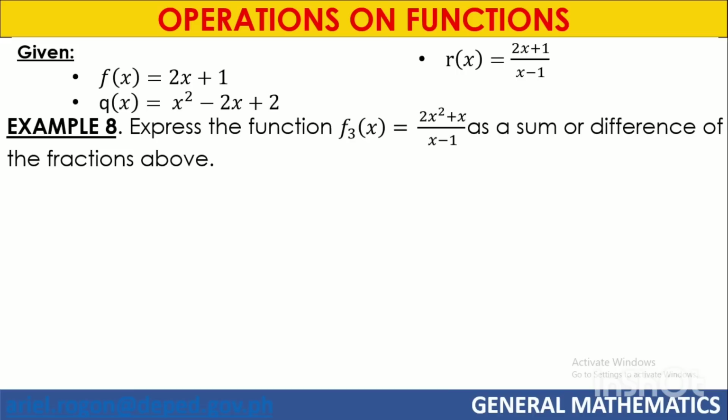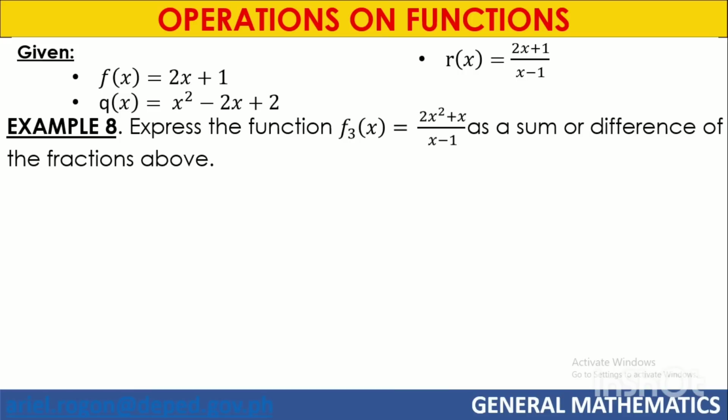Express the function f of 3 of x is equal to 2x squared plus x all over x minus 1 as a sum or difference of the fraction or the function above. What do you think? Ano kaya? I-add ba natin yung f of x saka r of x kasi may denominator.